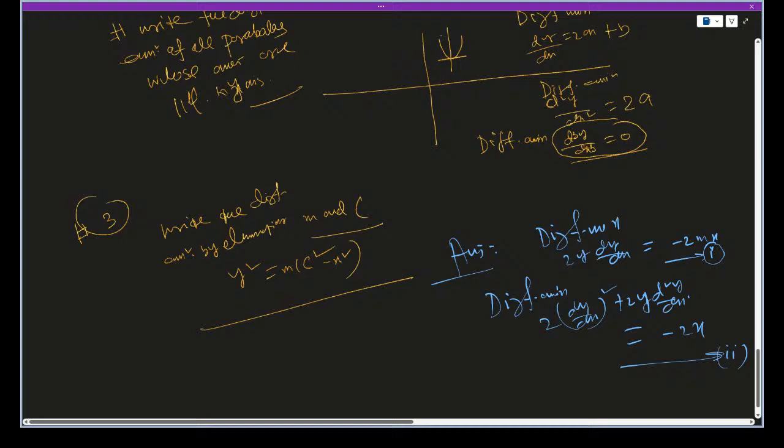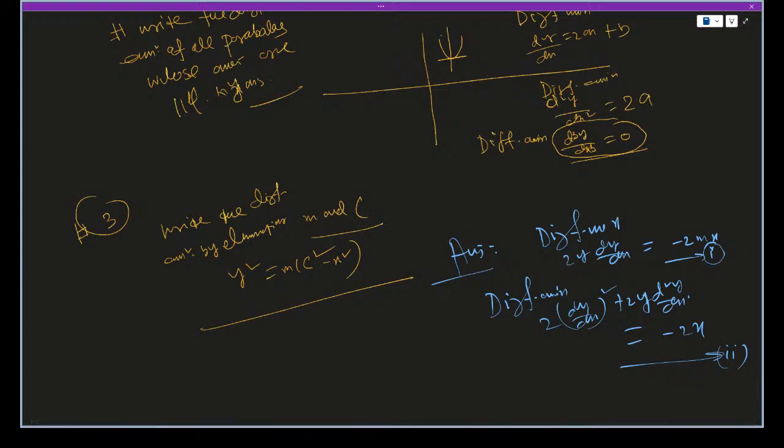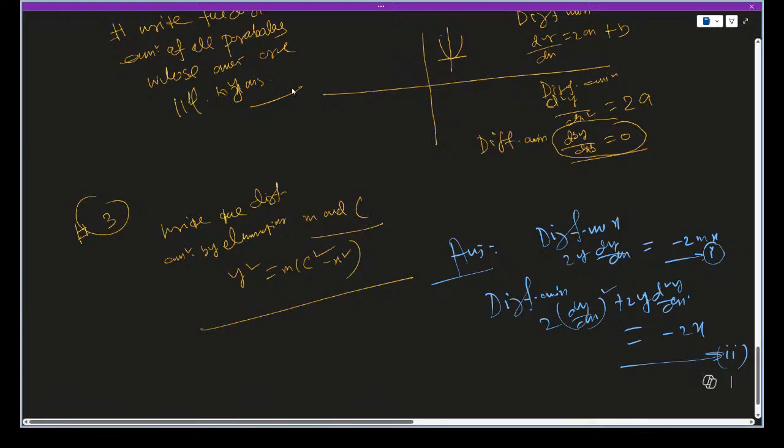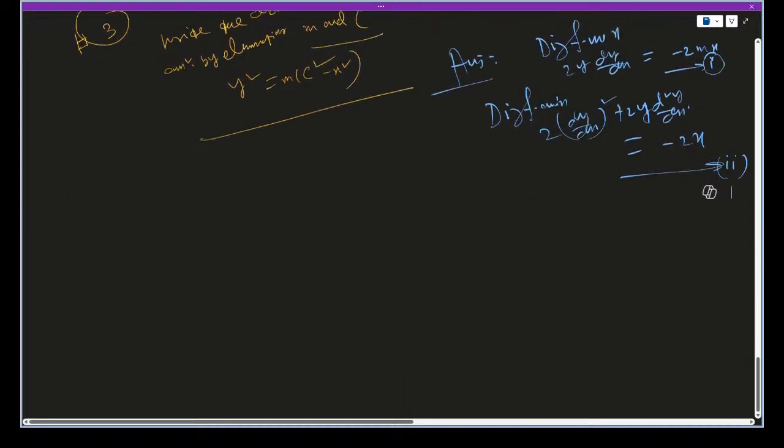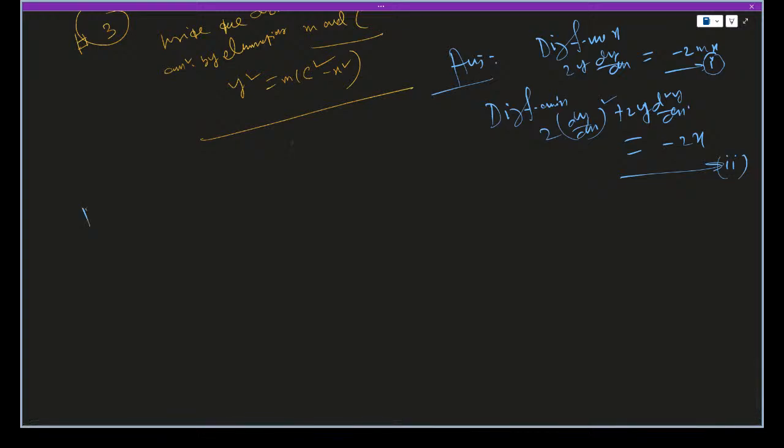So this is the differential equation. It is of order 2 because two arbitrary constants m and c were there. This way, by eliminating arbitrary constants, you can form the differential equation. Just do one more for formation.